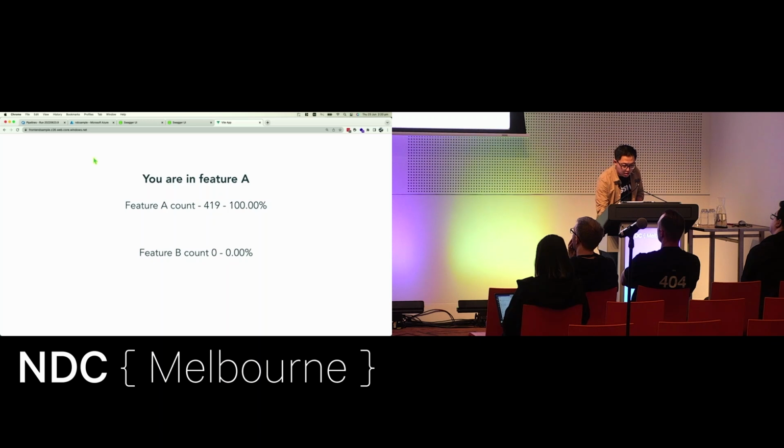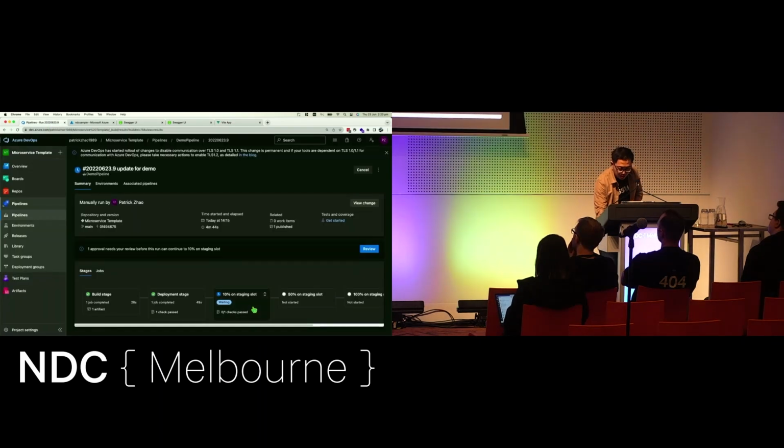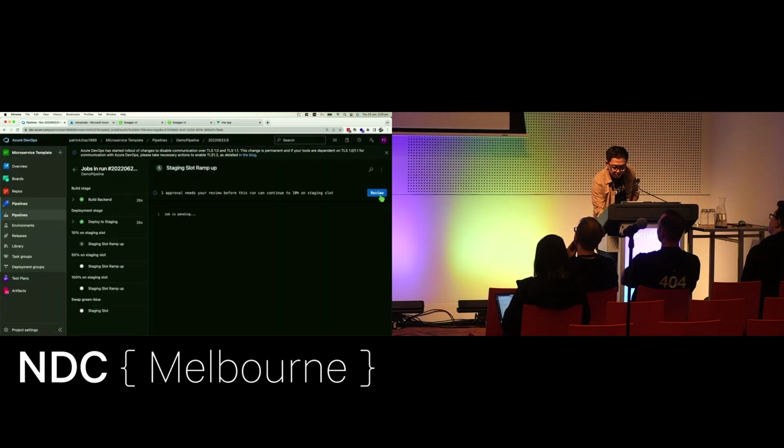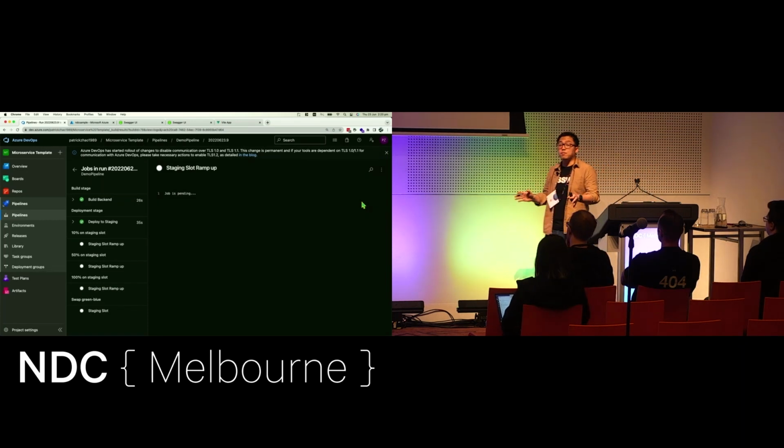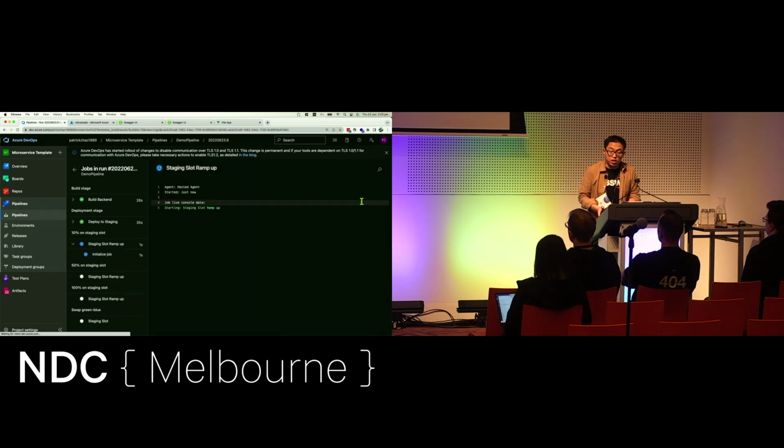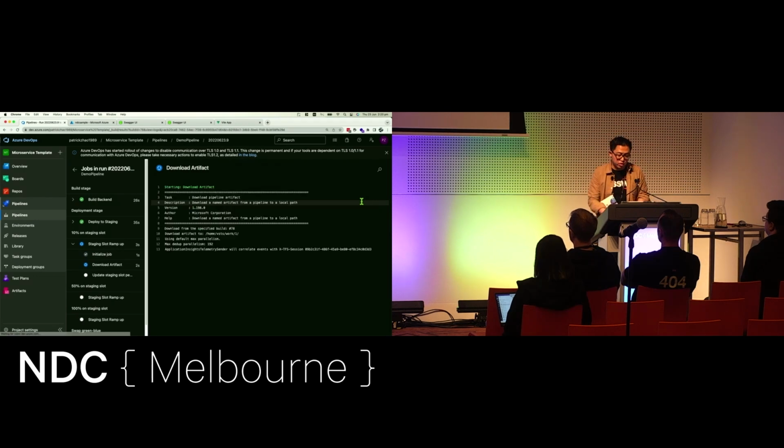Now, excitement begins. Let's bump up the percentage. Approve. Now, why I would want an approval process is because usually as a team lead, you want to have some control and make sure that you run the experiment in the time you are comfortable to watch the metrics.